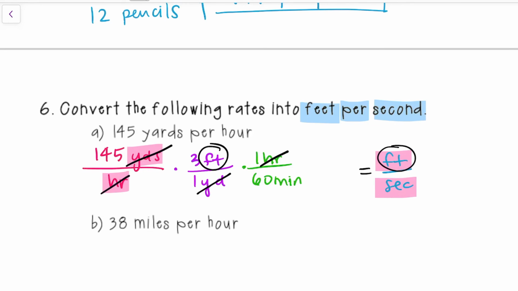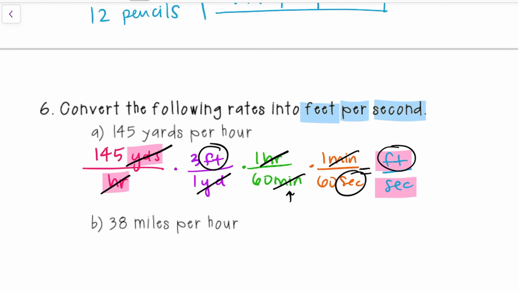Our hours units cancel because we started with 1 on bottom and needed 1 on top. But now I've got minutes on bottom. So to go from minutes to seconds, in 1 minute, I have 60 seconds. Sure enough, our minutes cancel, seconds are on bottom, and I'm good to go.